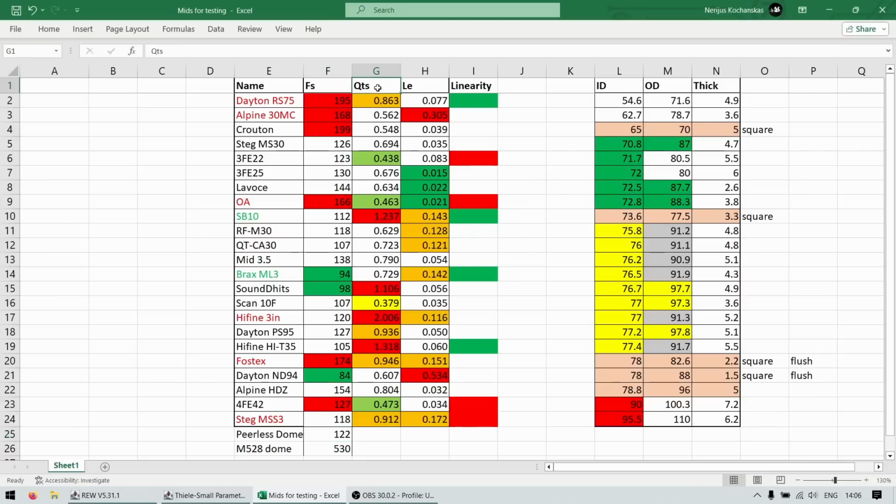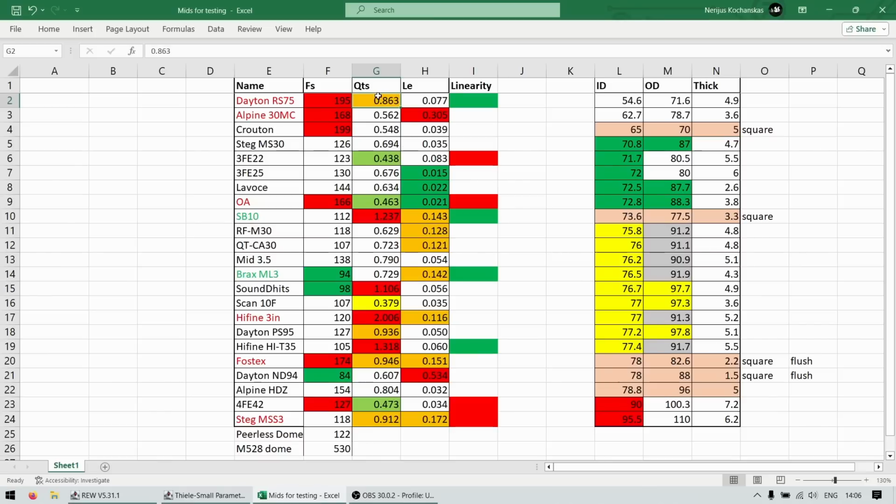Now let's go to the Q. The Q of the driver, as I mentioned, ideally we want something between 0.7 and 0.5, something like that. Everything that is higher than 0.7 is going to have a slight peak in the frequency response at the bottom end.